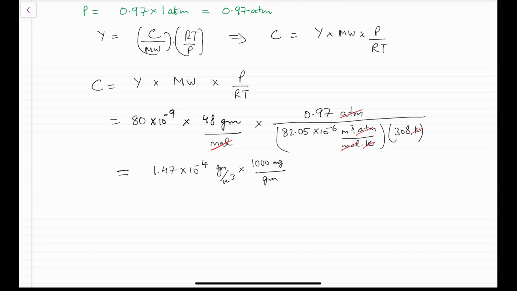So this is 0.147 milligram per meter cubed, or I could say 0.15, just rounding it off.